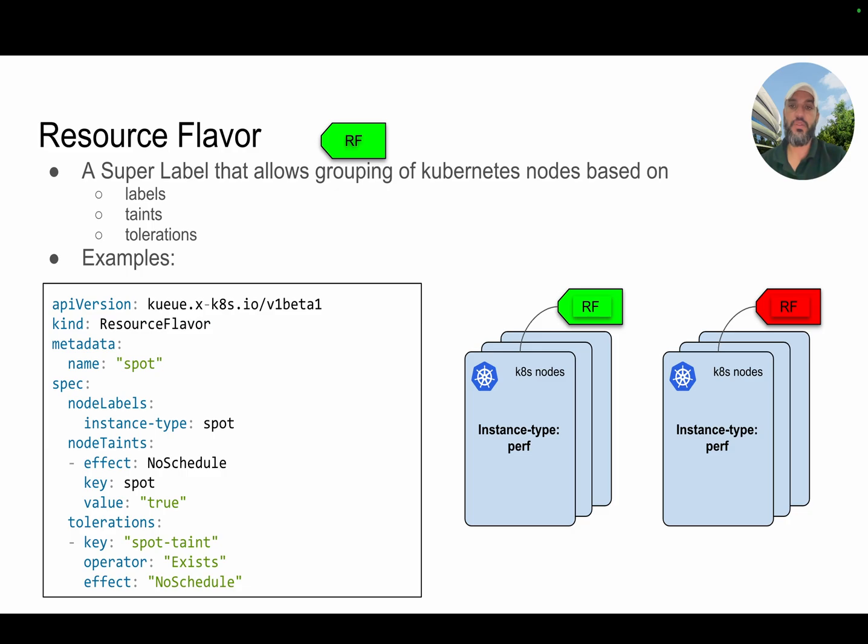So the first concept is the resource flavor. A resource flavor is a kind of super label that allows you to group Kubernetes nodes based on labels, taints, and tolerations.